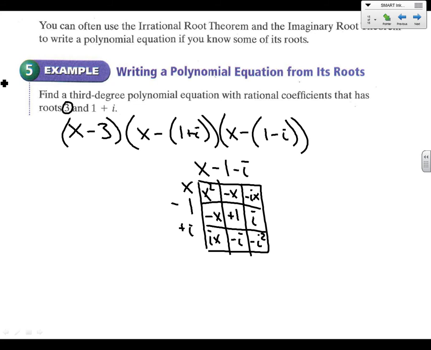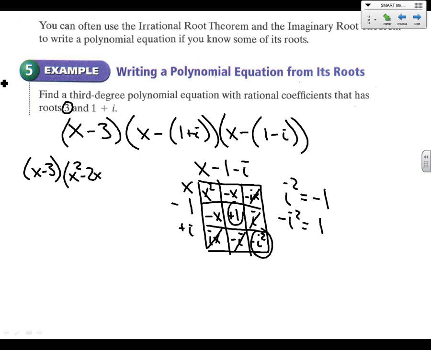And so let's put all that together. I'm going to keep the x minus 3 out here. And so we've got x squared minus 2x. The ix's cancel, the i's cancel, plus 1, and then i squared is negative 1, so negative i squared is plus 1. So that plus that is plus 2.